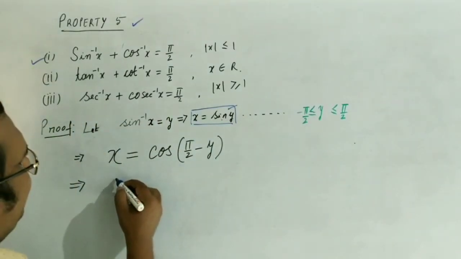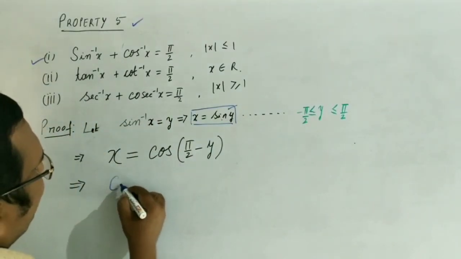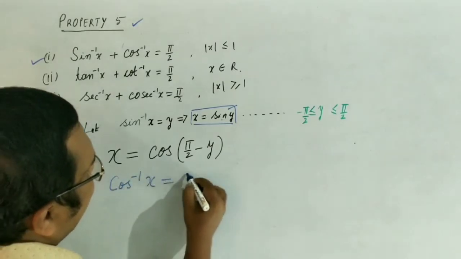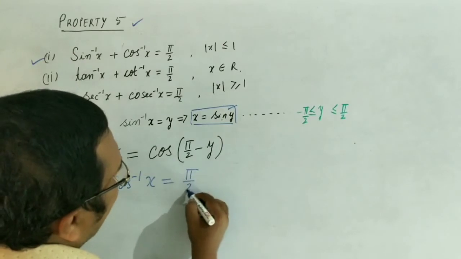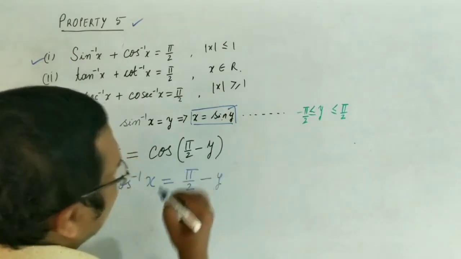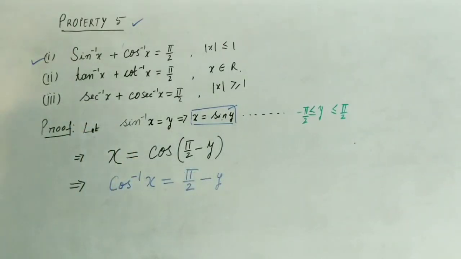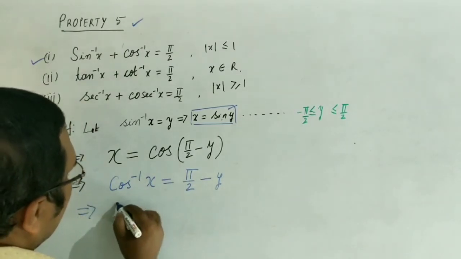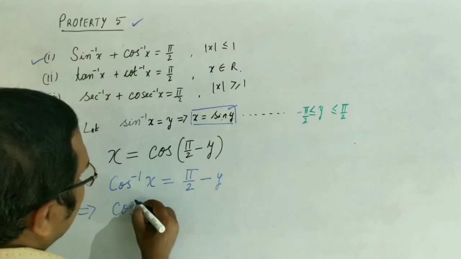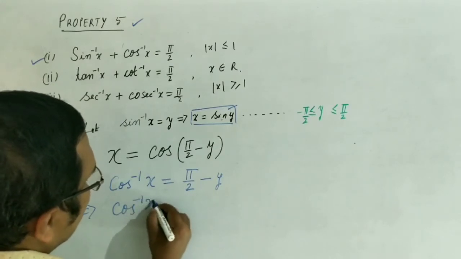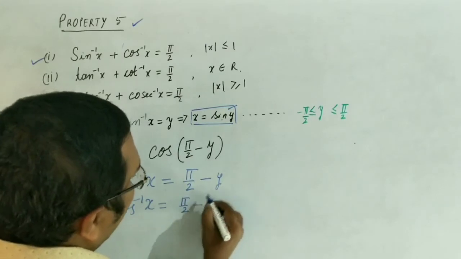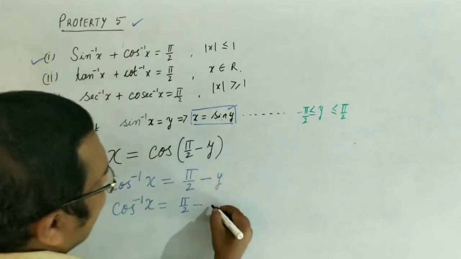So here I can write down cos inverse x is equal to pi by 2 minus y, and then cos inverse x is equal to pi by 2 minus sin inverse x.